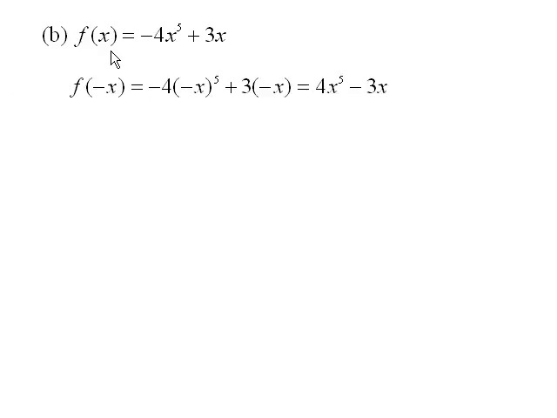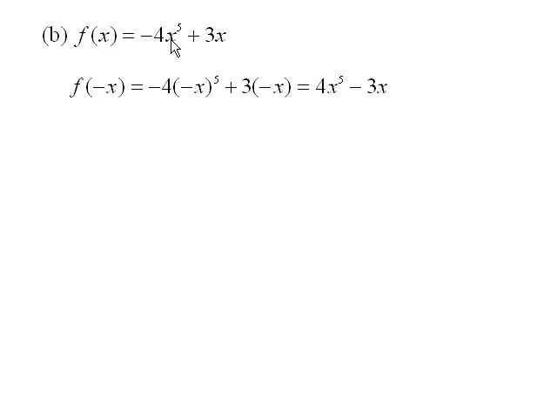Another example, how about f of x is minus 4x to the fifth plus 3x? First test would be to see if that is an even function, so you could compare f of x with f of minus x.